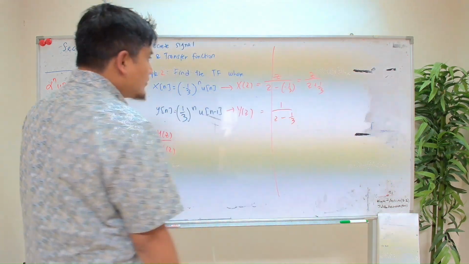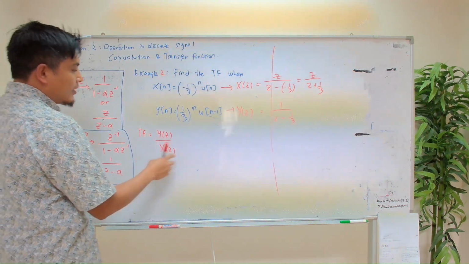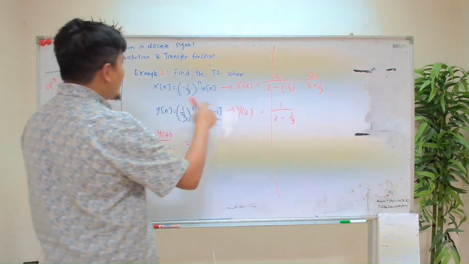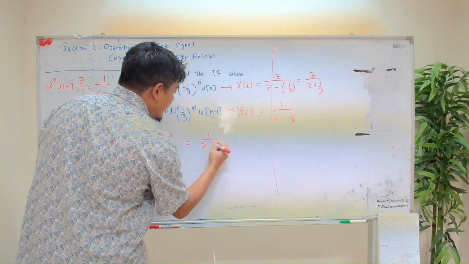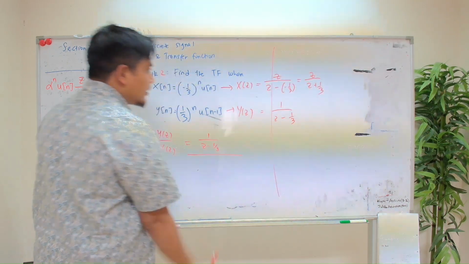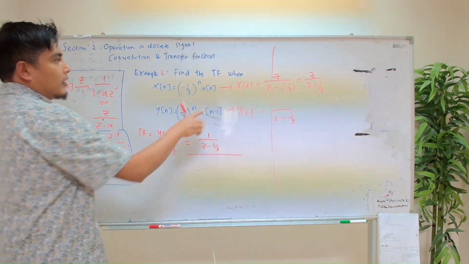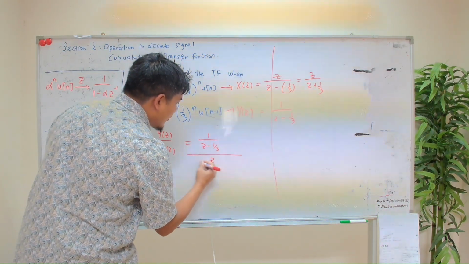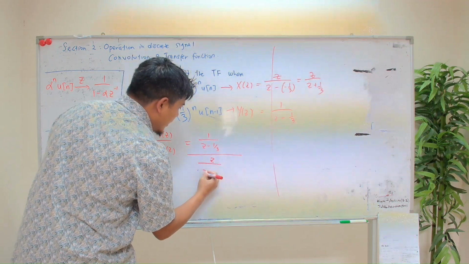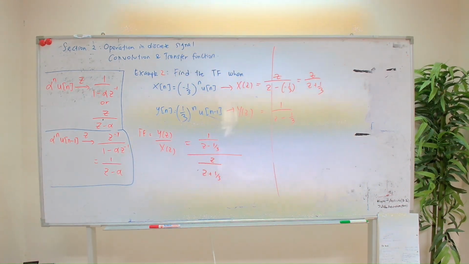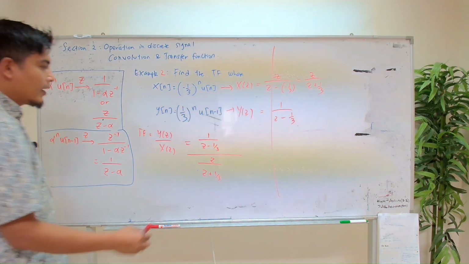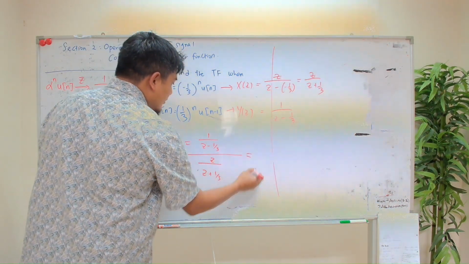Okay, so the transfer function, the definition is Y(z) divided by X(z). So what is our Y(z)? The Y(z) is 1 over z minus 1 over 3 divided by the X(z). The X(z) is z over z plus 1 over 3. So finally, we solve it.